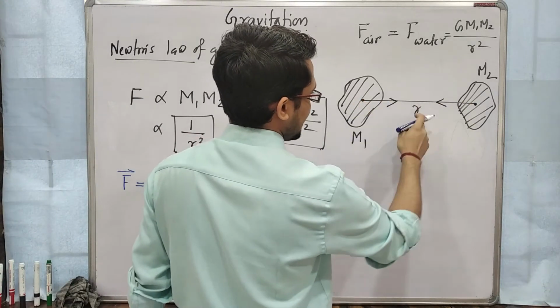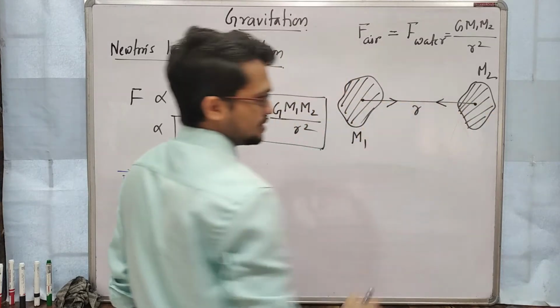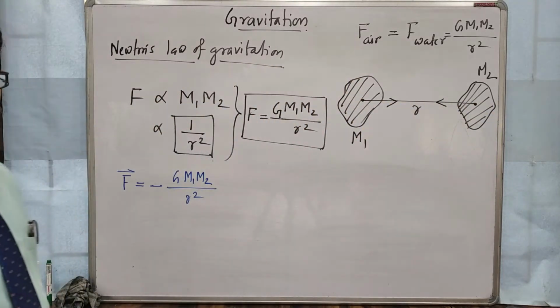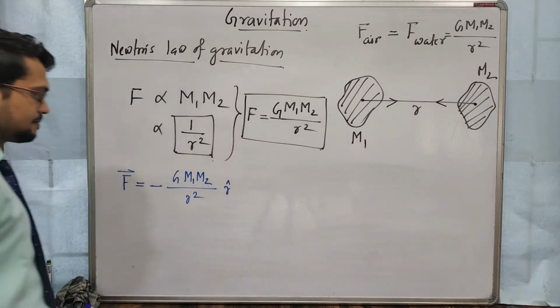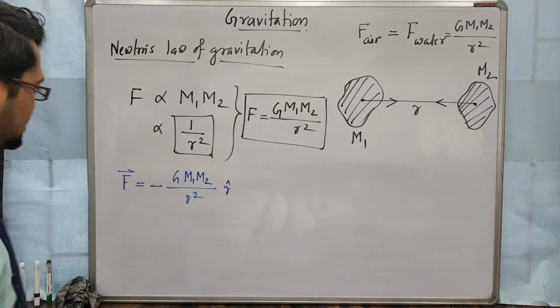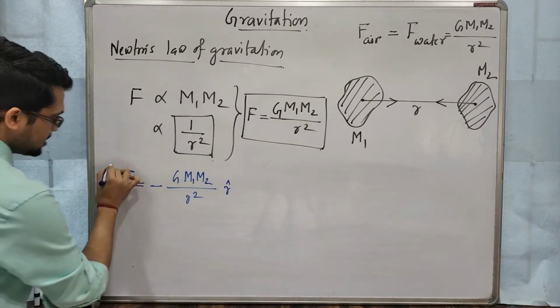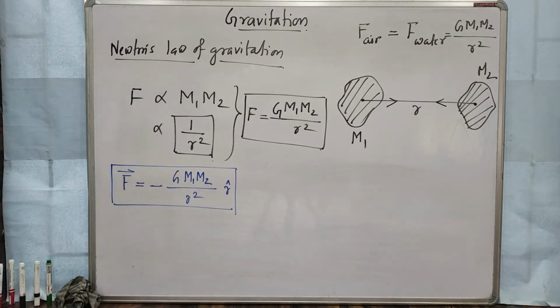Then look here, this force is acting along the r axis. Along the r axis, which unit vector will we get? The r cap unit vector. So this is a general representation of gravitational force.